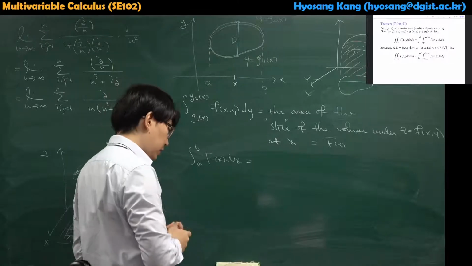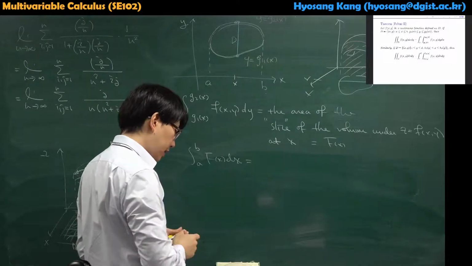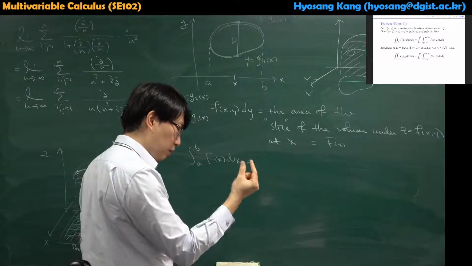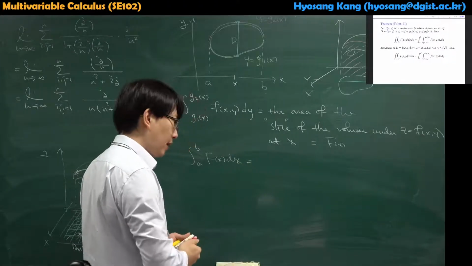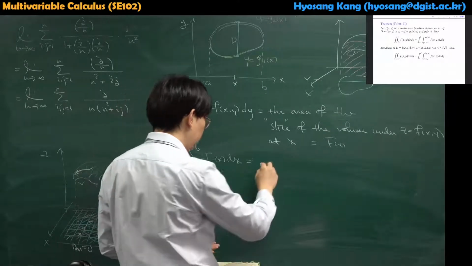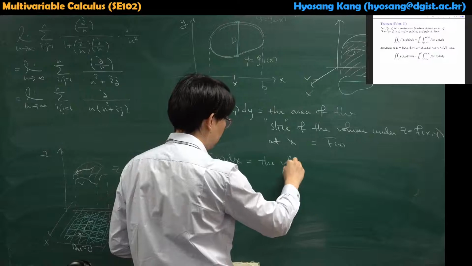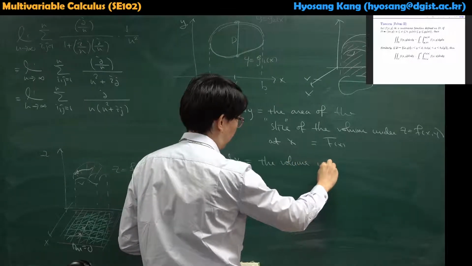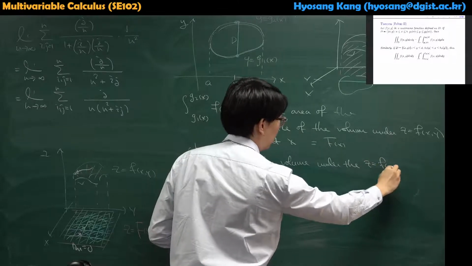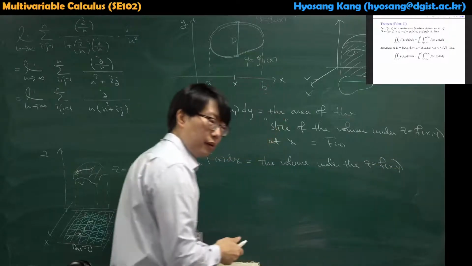Basically I'm taking F of x as the area and dx as the width of a thin slice, and taking the sum of these volumes. So this is the volume under the graph z equals f(x,y).